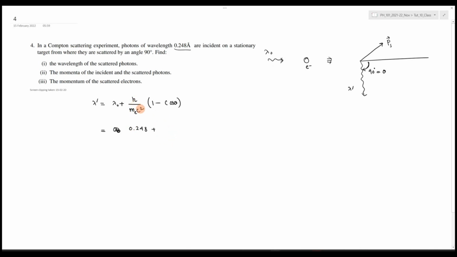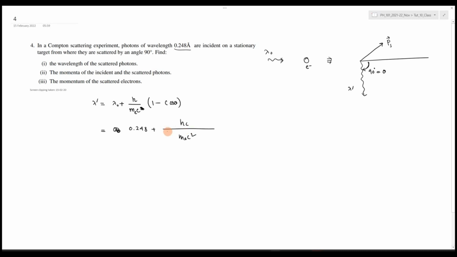This is h by m e c. So now this will be 1240 electron volt nanometer, and we have to multiply with c also, so h c by m e c square.